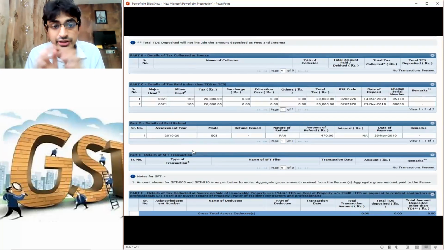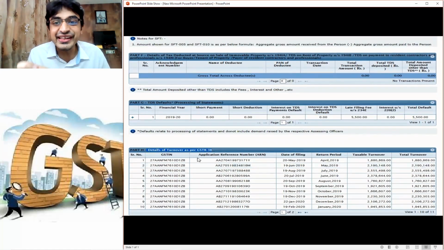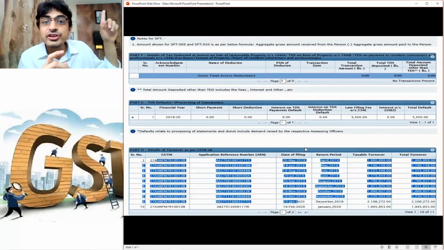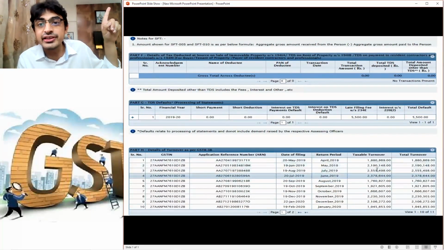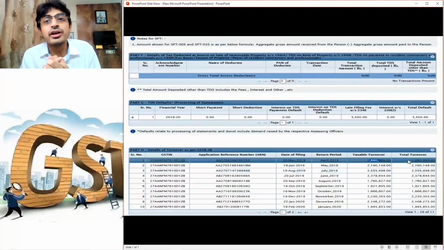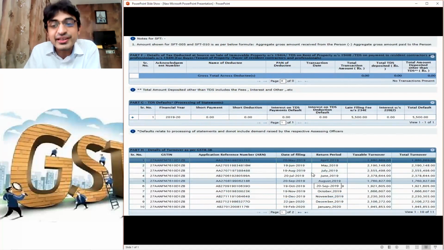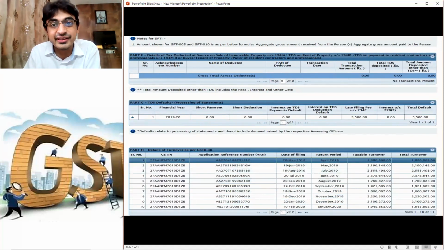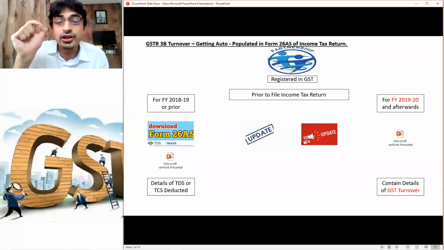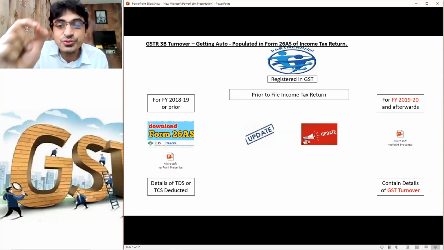Whatever tax are paid, that details are there. And if you come down, you can see the turnover which you have declared in your GSTR 3B. These details are now also coming here in Form 26 AS. See this monthly turnover. Monthly turnover details are coming here. Okay, so this is the update which I wanted to share, that GST details are coming in income tax 26 AS.